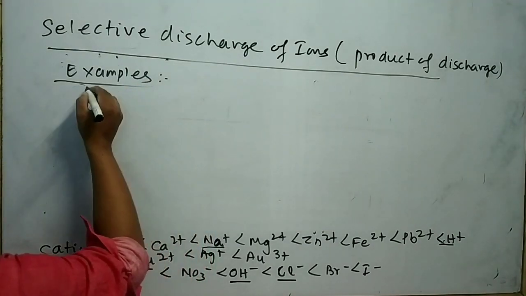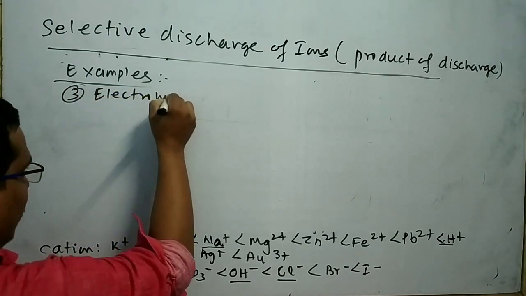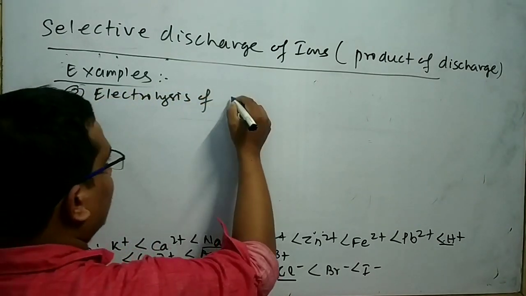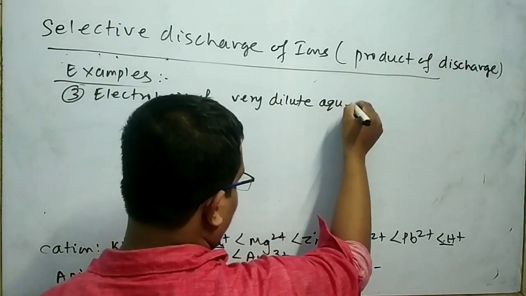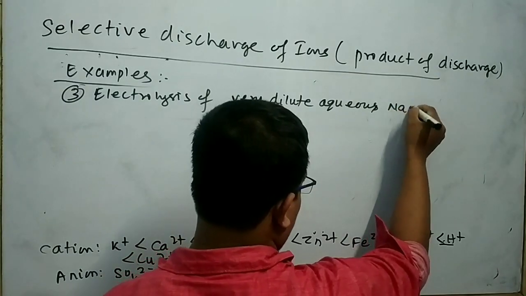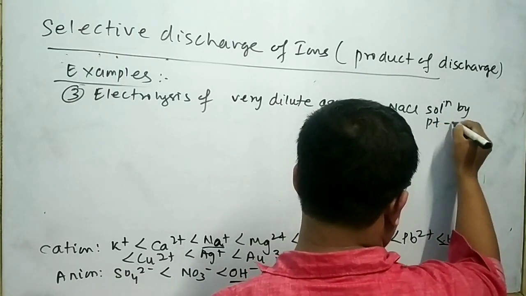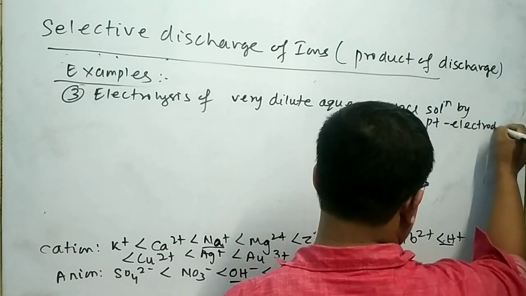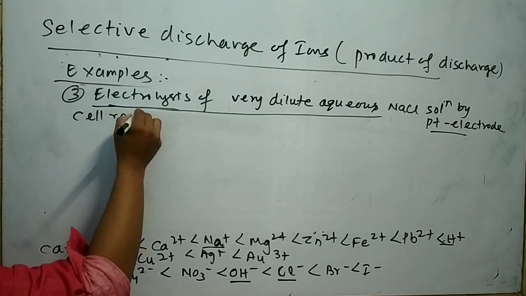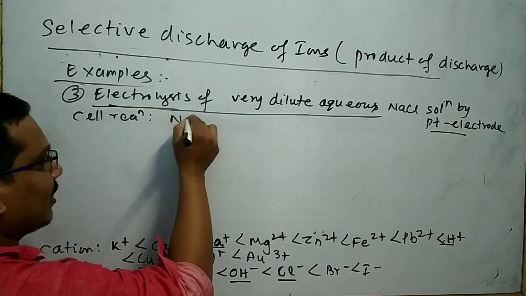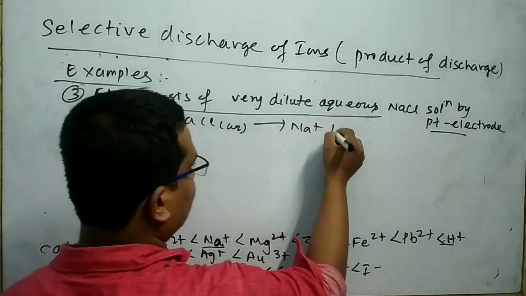Example number 3 is the electrolysis of very dilute aqueous NaCl solution by platinum electrode. At first I will write the cell reaction. NaCl(aq) gives Na⁺ plus Cl⁻.